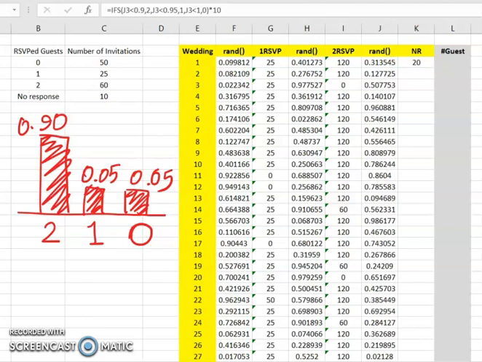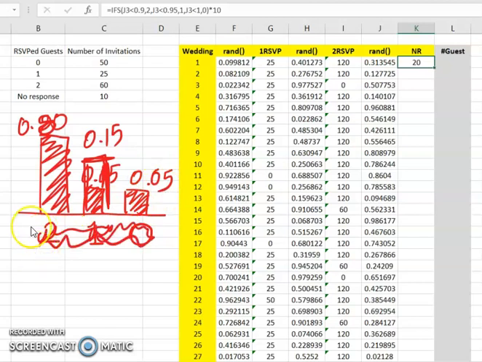After checking the PowerPoint, you will notice that the probabilities we have are 80%, I hope I'm right, 15% here, and 5%. So 80% they will not attend when they have not responded. 15% they will attend solo, and 5% there is a chance they will attend with a companion.